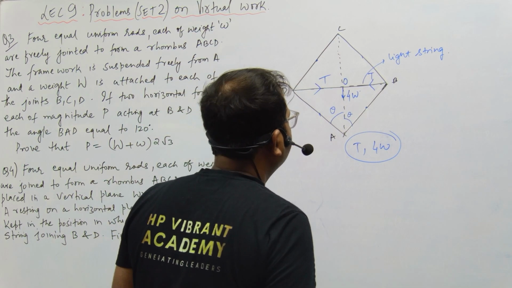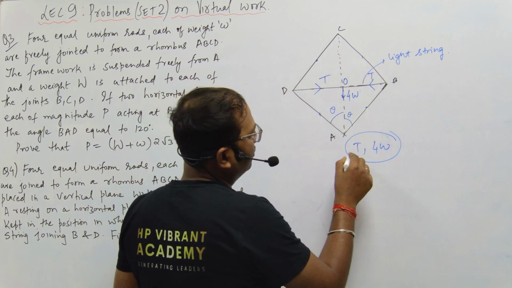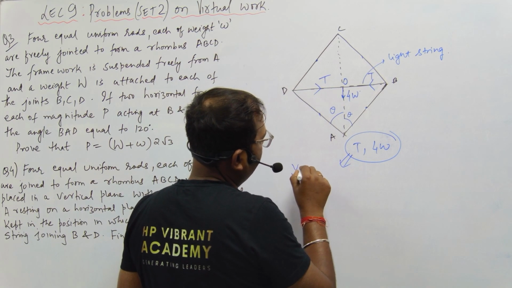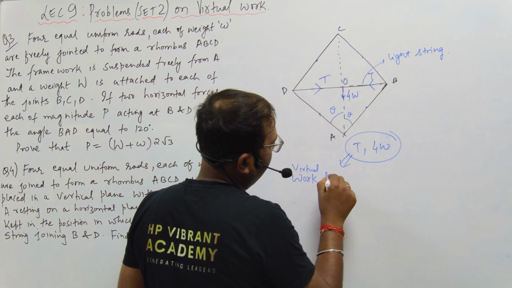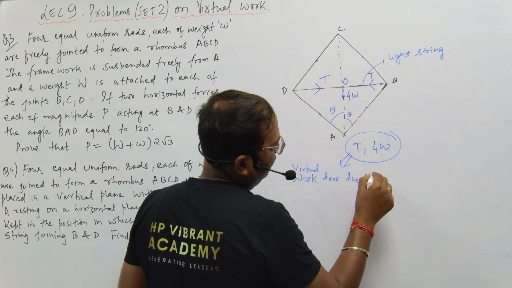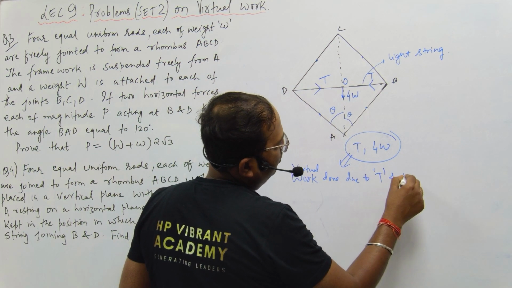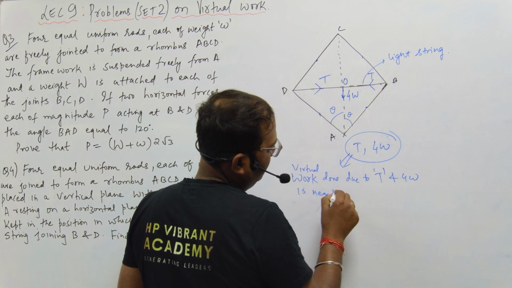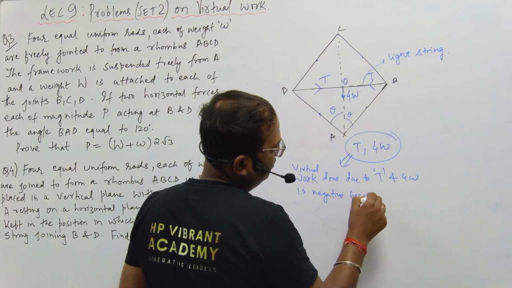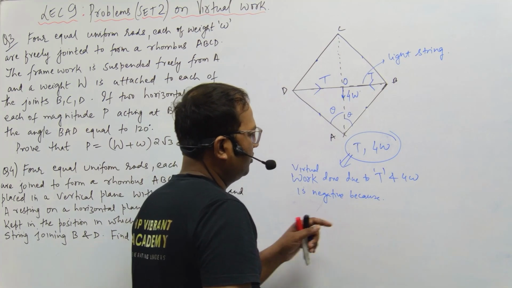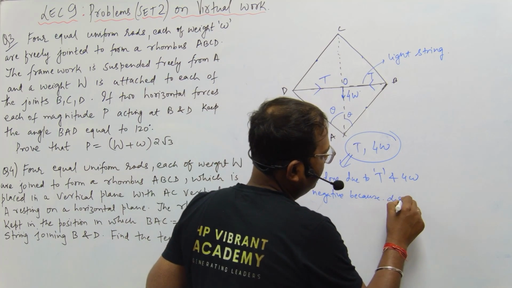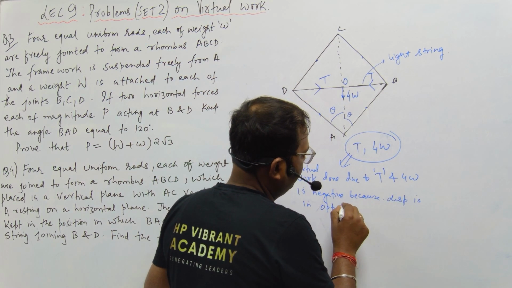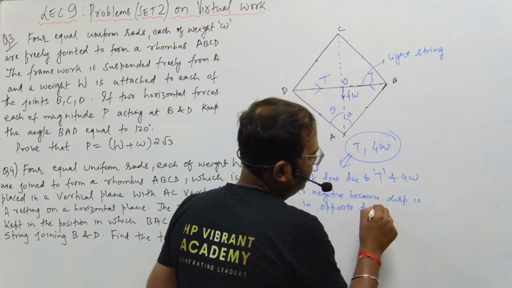The virtual work done due to tension T and 4W is negative, because displacement is in opposite direction of force.